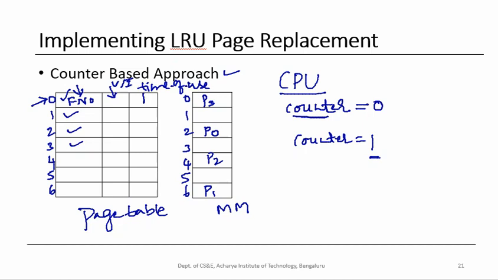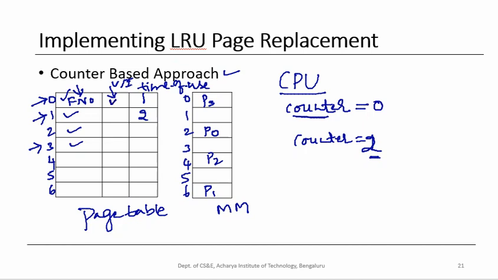Next, let us assume that page 1 is referenced by the CPU. When the counter value is incremented, it becomes 2 and 2 is written here. And let's say page 2 is now referenced after 1, which is there in the main memory.